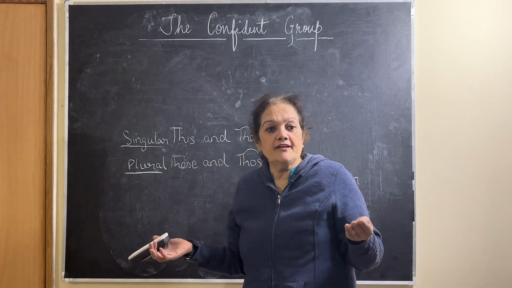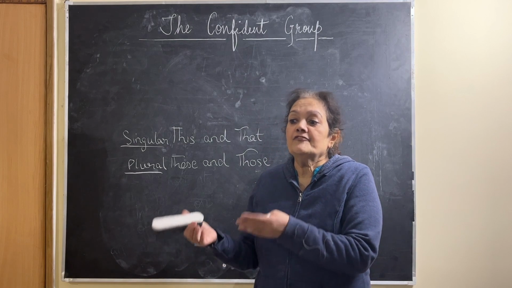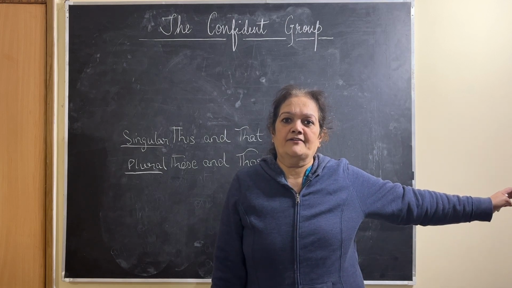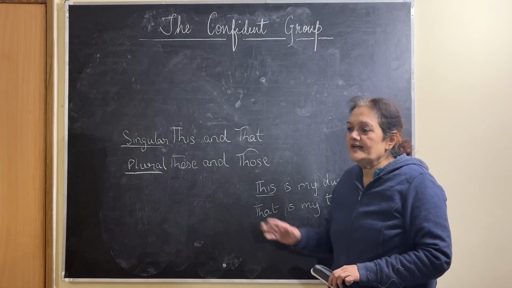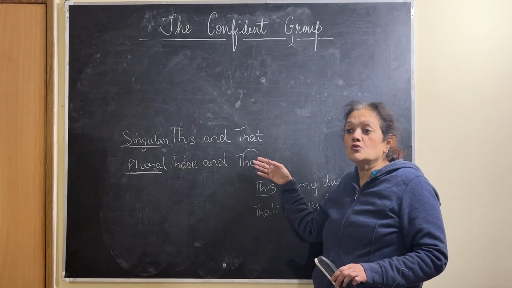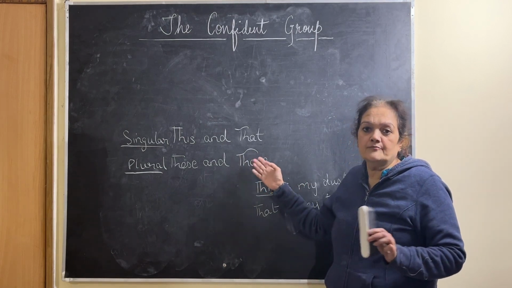Something that's near you, you will say, this is my bed. And if from your bed you're looking at the door, that is my room door. Same way, these are my books, or those are my tables, or those are my books.